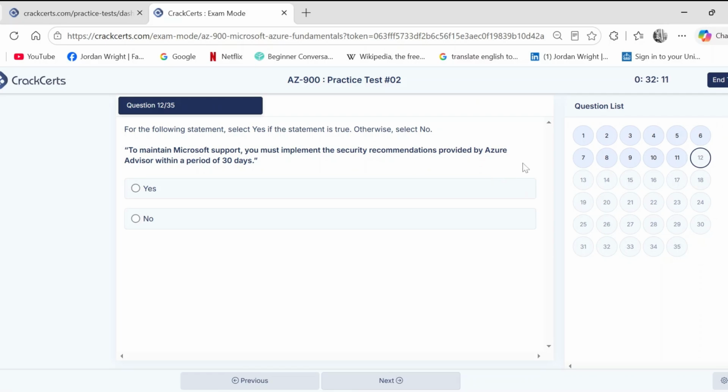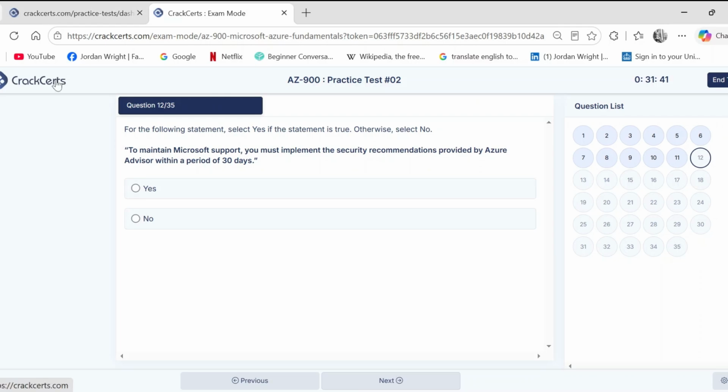The security recommendations: you must implement the security recommendations within 30 days. No, you don't. Because that's up to you. You can implement them whenever you want. There's no time limit.